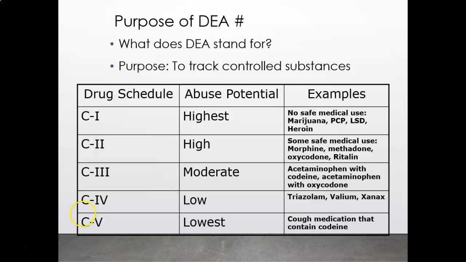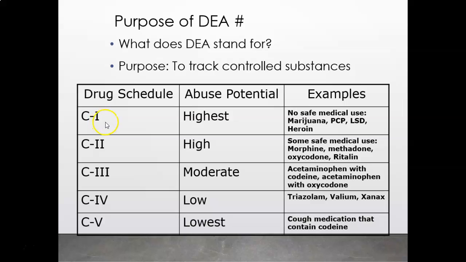That's slightly different than the Drug Enforcement Agency, but it's very similar. So DEA number is Drug Enforcement Administrative Number. And that basically just tracks the controlled substances, how often doctors prescribe controlled substances. So there is a schedule that has to do with abuse potential, and then these are some examples.